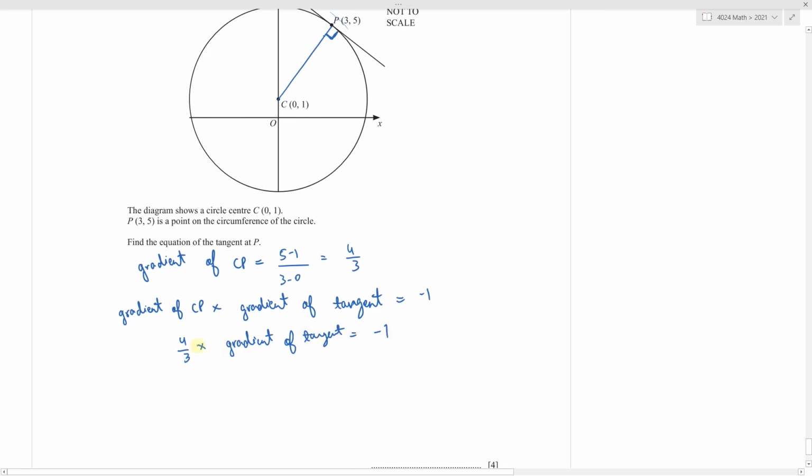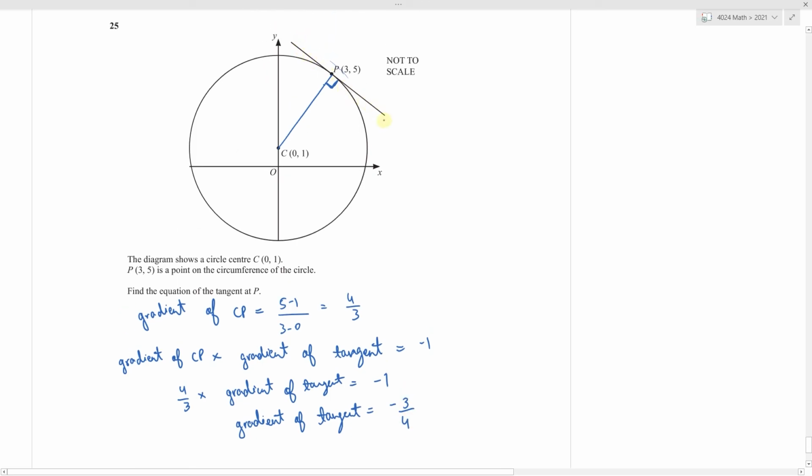So I'll take this 3 into the numerator and 4 into the denominator. So this will give me the gradient of tangent will be -3 over 4. So now we know the gradient of this tangent is -3 over 4. We have this point here. Now I can easily find the equation.